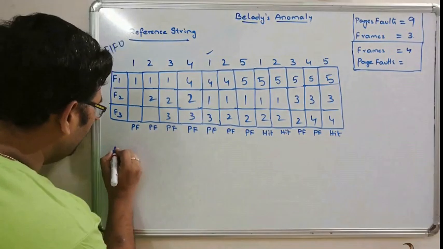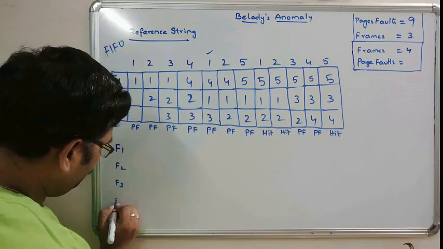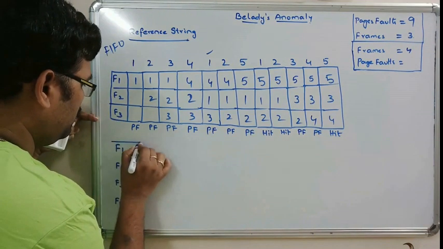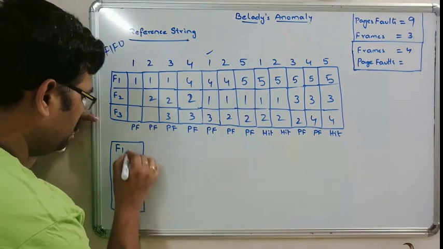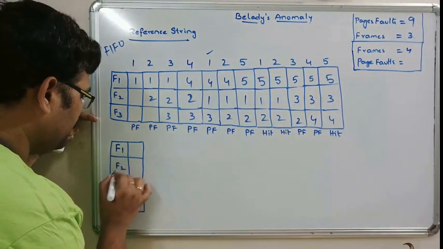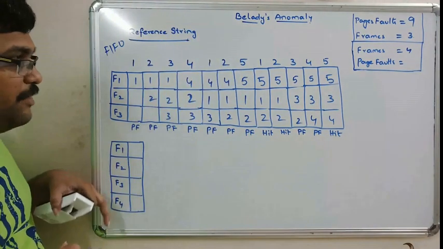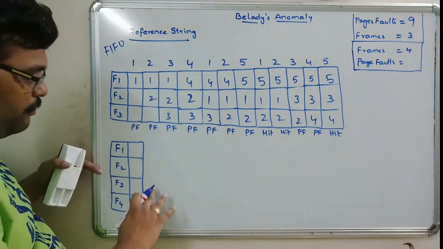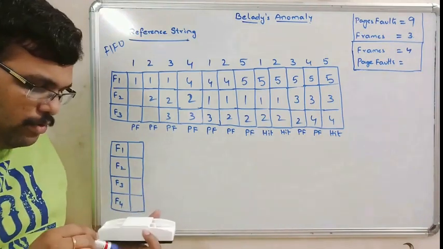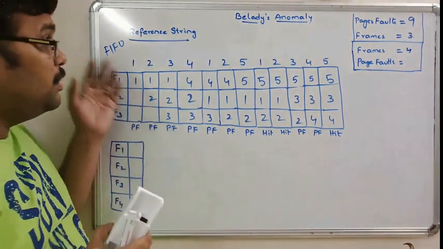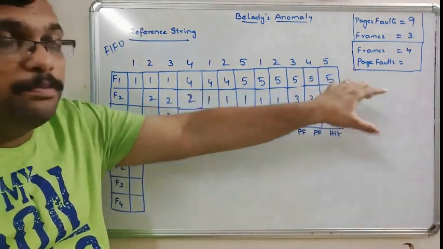Now if you go with 4 frames, we apply the same thing. According to our assumption, if you increase the number of frames, the page faults should automatically decrease.